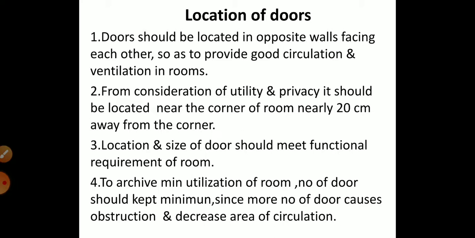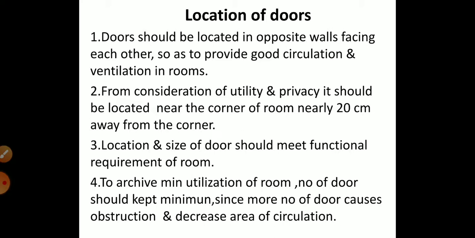Basically, where should the location of the door be? The door should be located opposite the walls which face each other, so as to provide good circulation and ventilation in rooms. Also, from the consideration of utility and privacy, it should be located near the corner of the room, nearly 20 centimeters away from the corner.